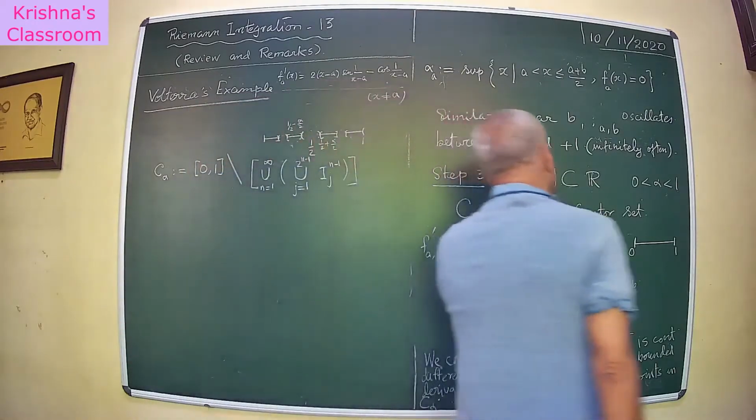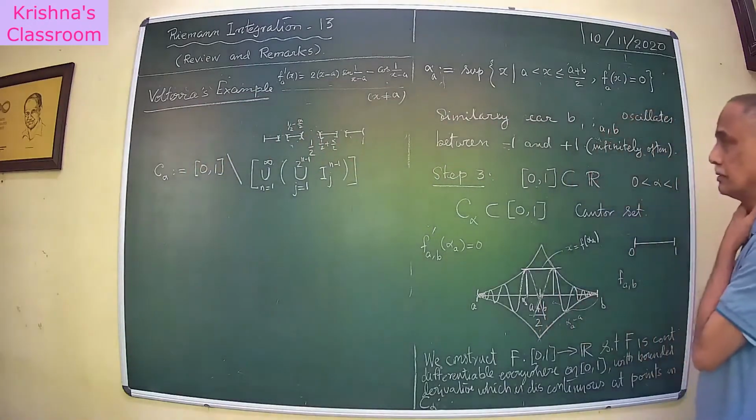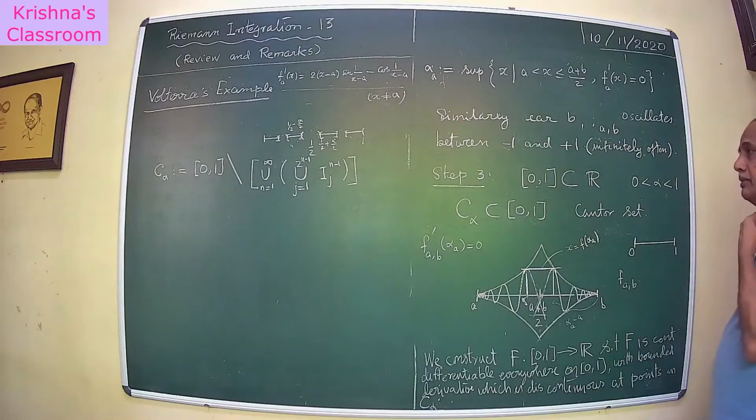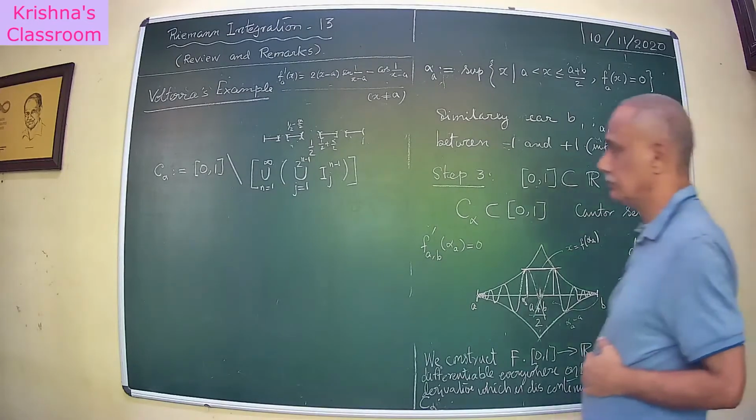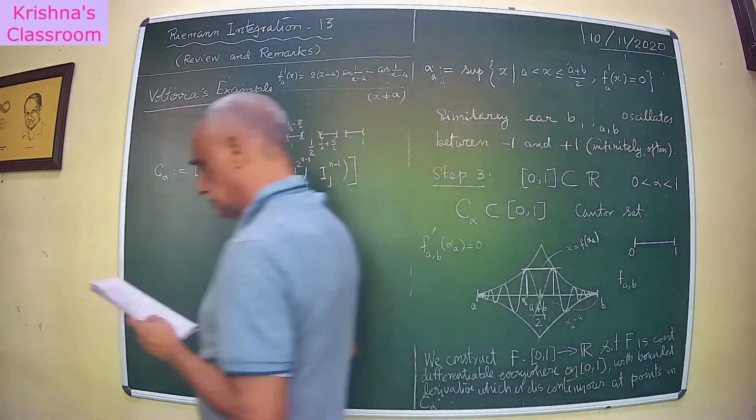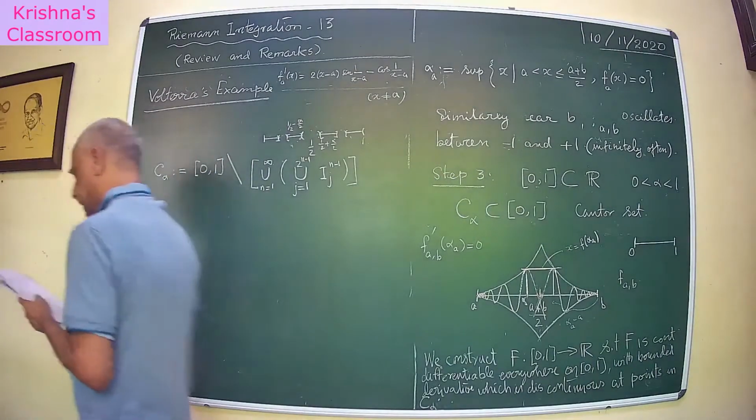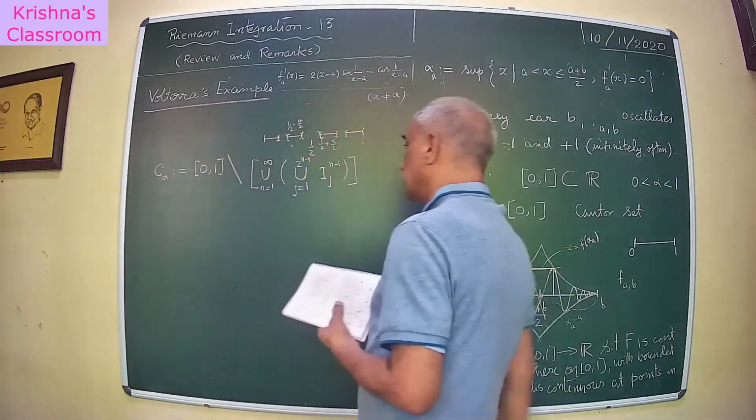So we keep removing open intervals successively, and then what is left out in 0, 1 is called C alpha in that pattern. Okay, you don't have to worry what exactly the removed portions are.